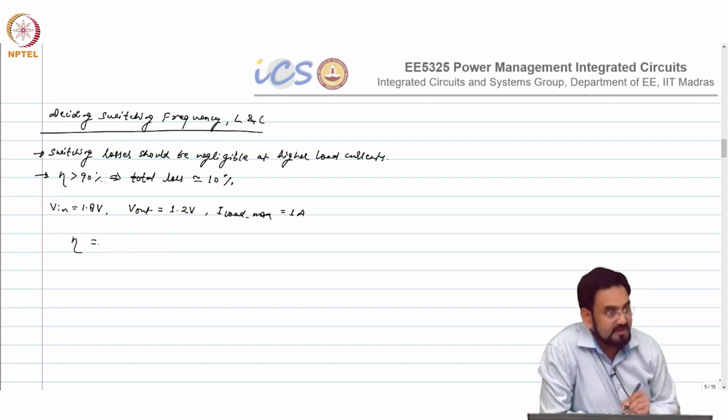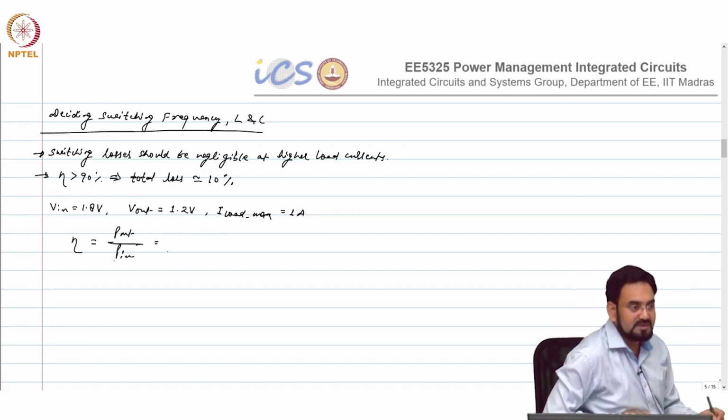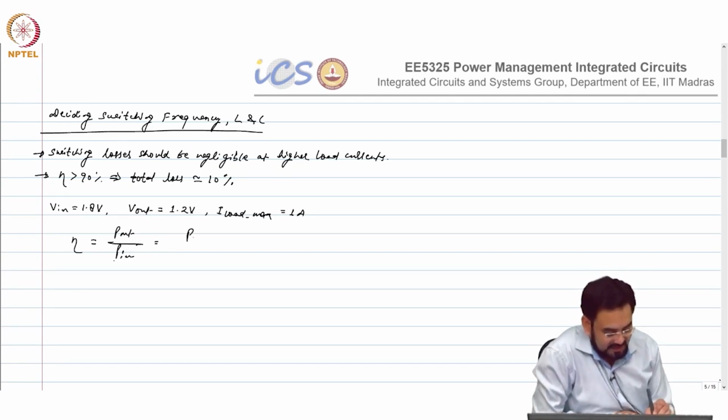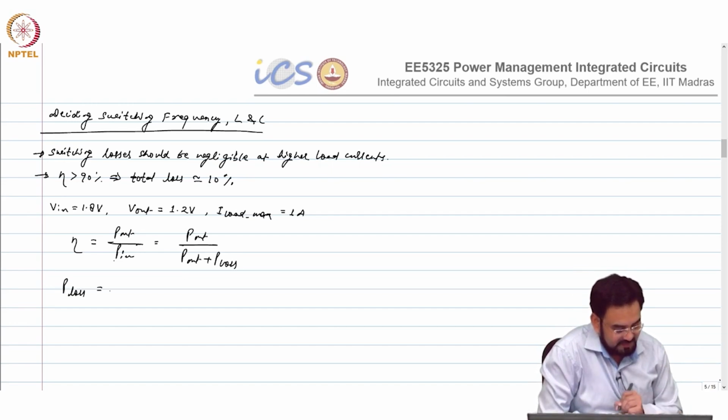So what is the efficiency? P out by P in. P in is unknown, but P out we know is 1.2 watt. So I can write this as P out over P out plus P loss. So what is P loss, if from here I want to calculate?